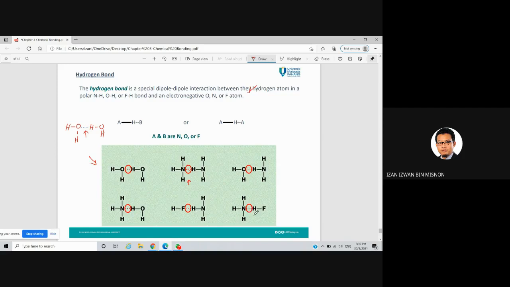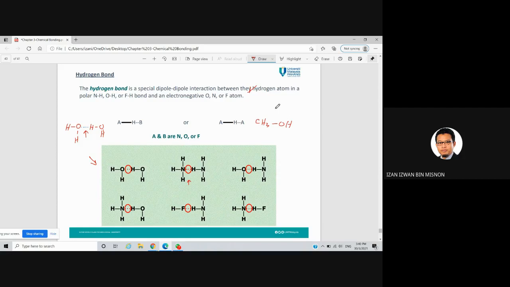Okay, so for another example, you may again look at the example given on your slide. Hydrogen bond also takes place in alcohol. So let's say we have methanol, CH3OH.